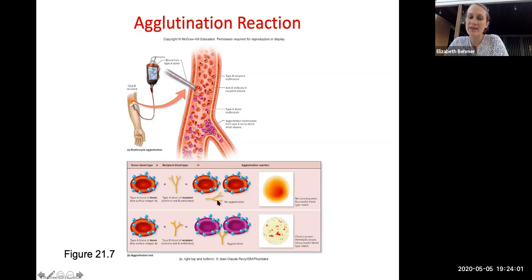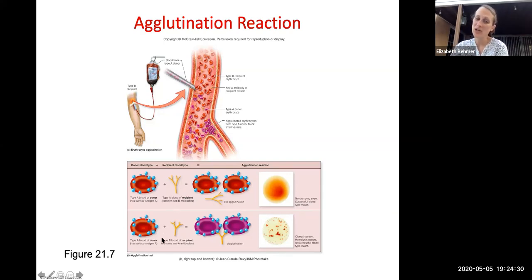You can see that the antibodies do not cause any clumping because they don't match up with the type B antigens, because there are none present. So A and A mix together, and it's fine because the antibodies don't clump onto the red blood cells. In the lab, we can test for compatible blood types, and you wouldn't see any clumping. You would see no agglutination. So that's a good blood transfusion.